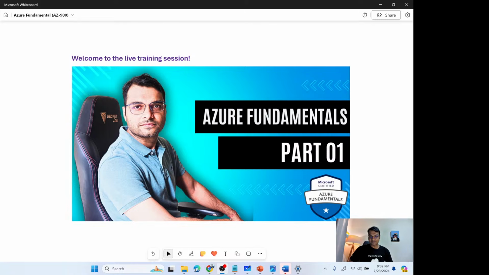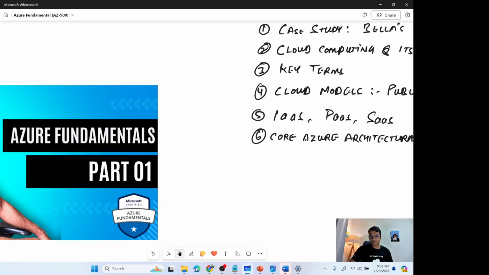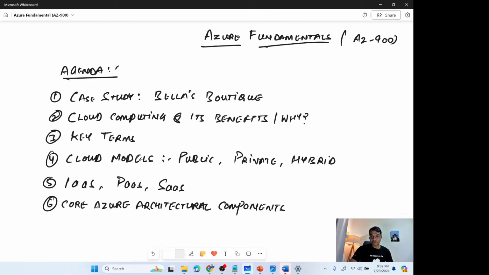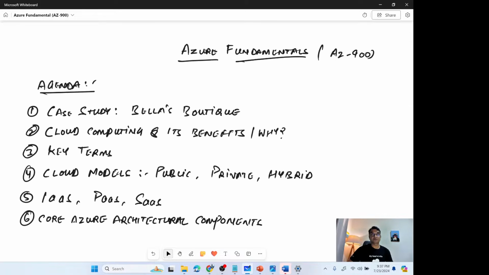As you see my screen, the content that we're going to cover in this session, I hope you can see my screen, has 6 items that we are going to talk about. Since we're talking about cloud computing, more in the Azure context, before we even delve into cloud computing, we will start with a case study where we would try to understand how a typical small business starts its journey.